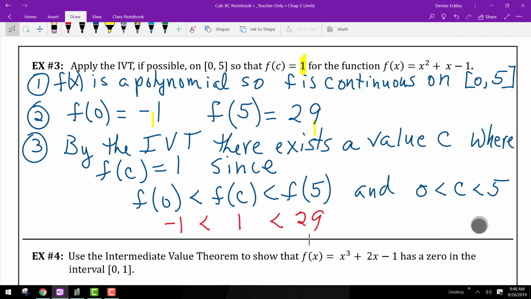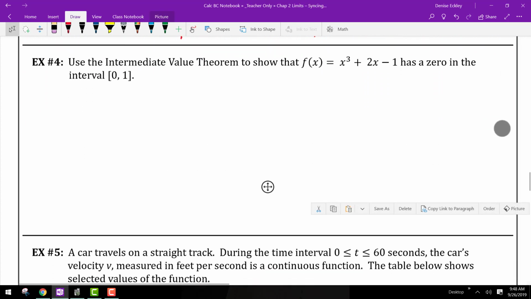Okay. So next example. So we're going to use the IVT to show that f of x equals x to the third plus 2x minus 1 has a 0 in the interval 0 to 1. Okay, so the first thing we want to start with is to talk about whether or not we can use the IVT.